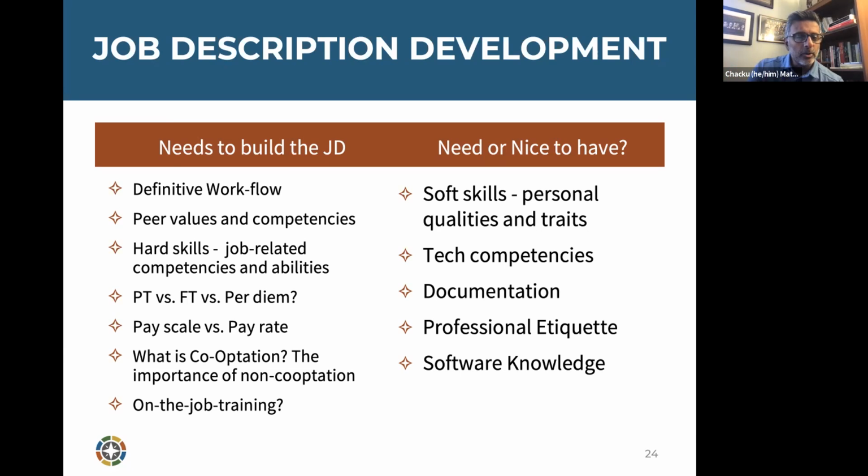When you decide to have a part-time person, sometimes that's driven by the organization not wanting to pay for health insurance, so they keep the hours under 20 hours. Or from a per diem perspective, they want the same skill sets but can't spend the time on the job for training.